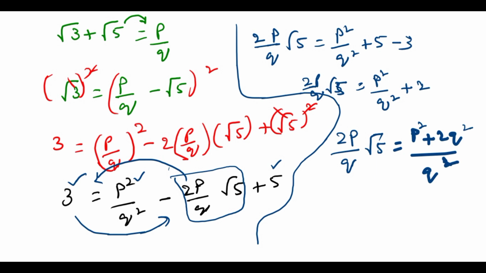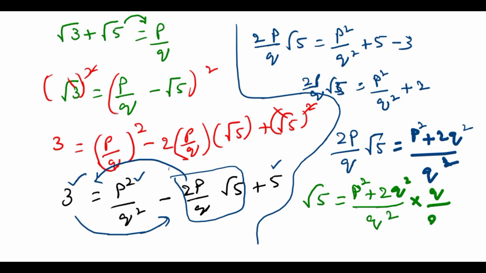Root 5 equal to p square plus 2q square by q square into q by 2p. So q and q square get cancelled, then root 5 is equal to p square plus 2q square divided by 2pq, right?